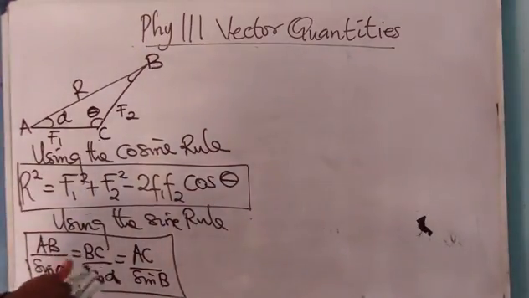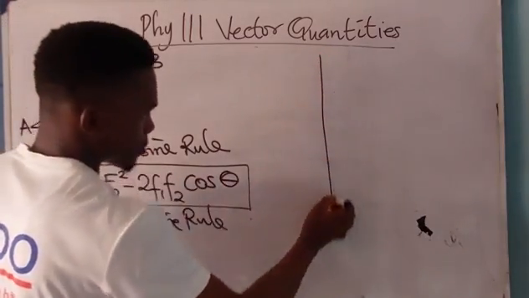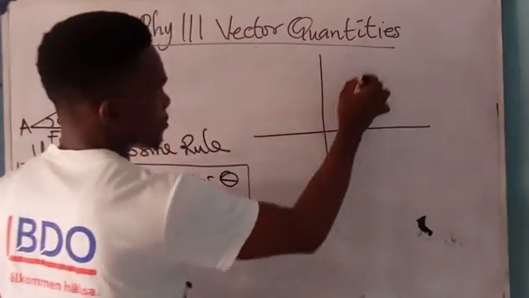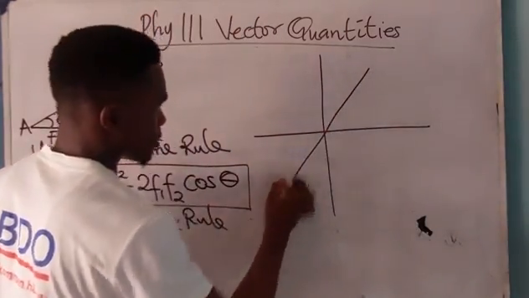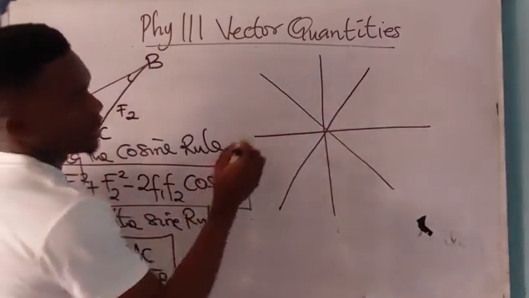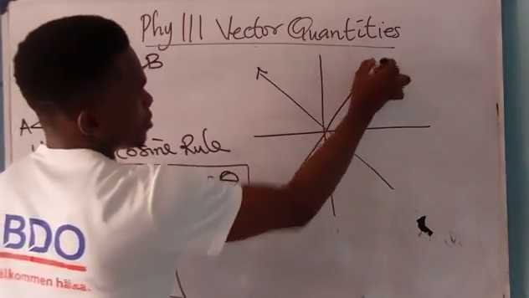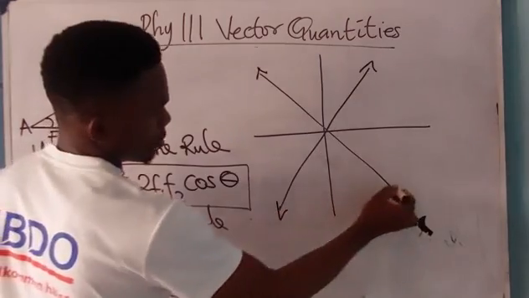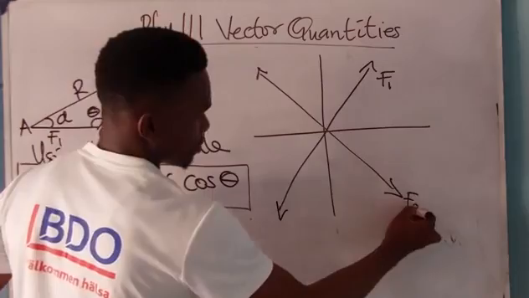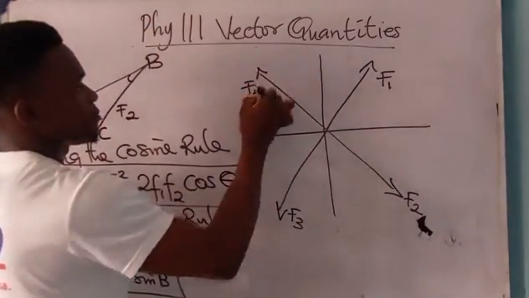But if I now have forces, I have something like this. All right. Now this is F1, F2, F3, and F4.